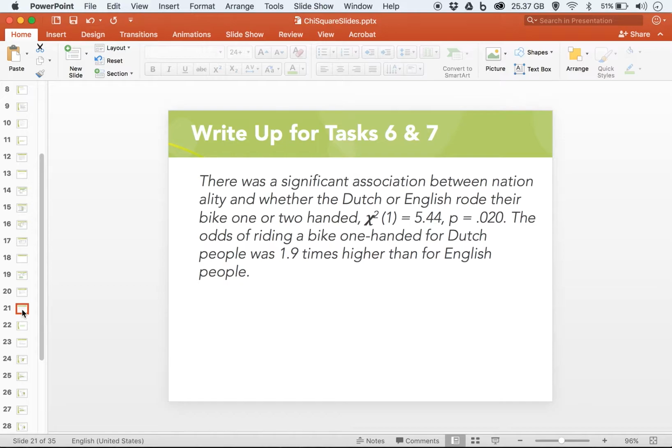We have 1 degree of freedom, and then we have written the actual statistic, 5.44, and we must round that to 2 decimal places according to APA style. And then we write p equals 0.020, and we use the exact p value. Then we have one statement about the odds ratio, and we say the odds of riding a bike one-handed for Dutch people was 1.9 times higher than for English people. And we have answered Andy's question for task 6 and for task 7.